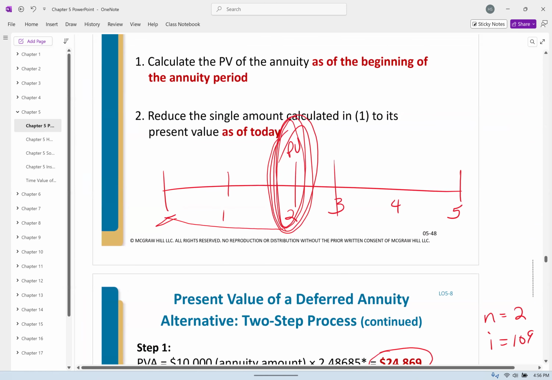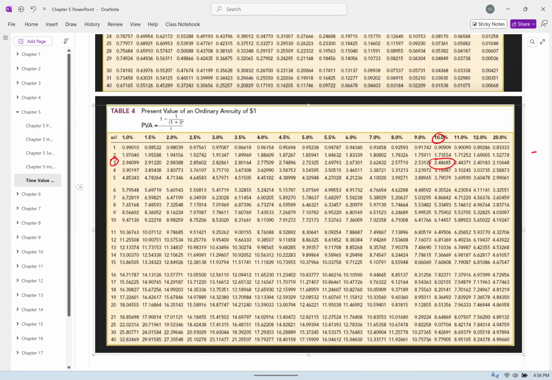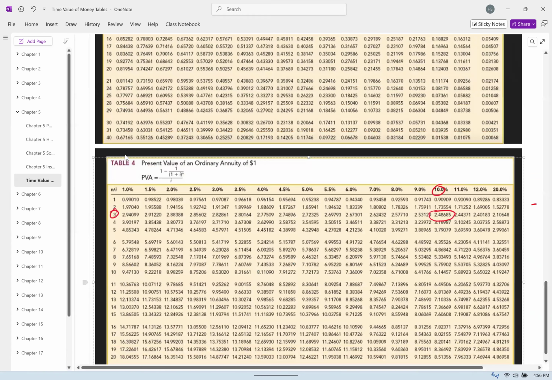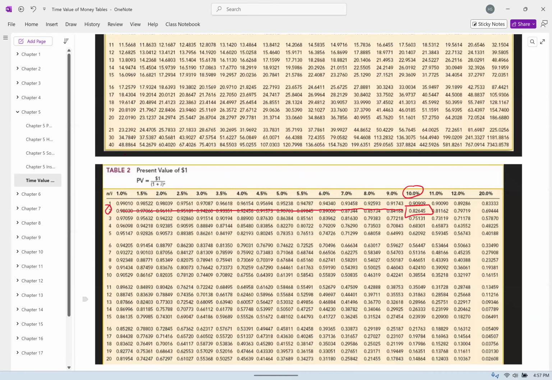I'm trying to get over to the time value tables. There we go. Present value of 1. We'll look at 10% and 2. Come all the way across. Discount that back to 0.28645.